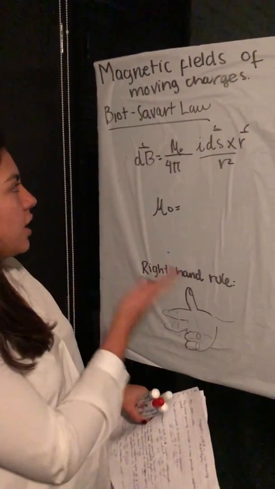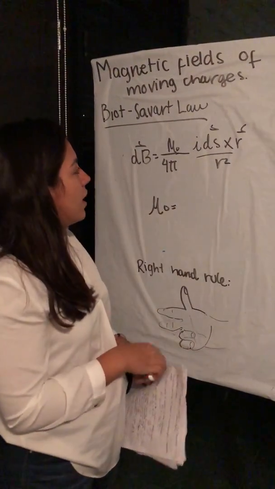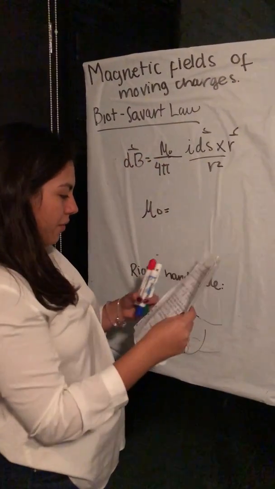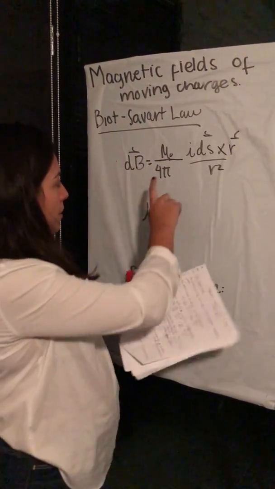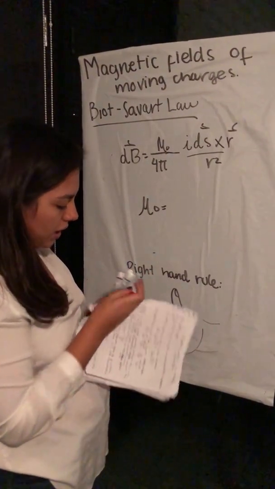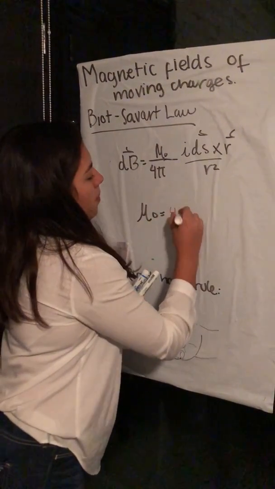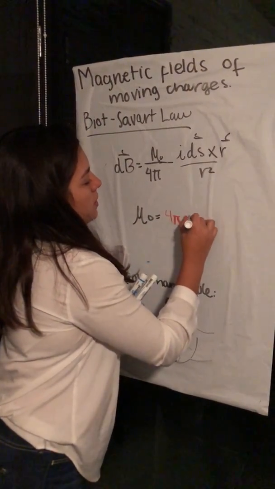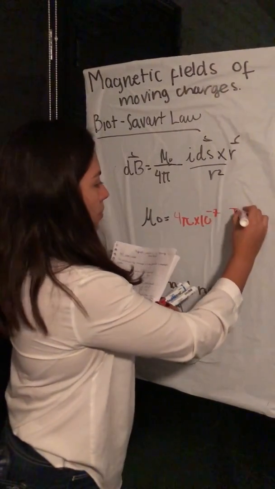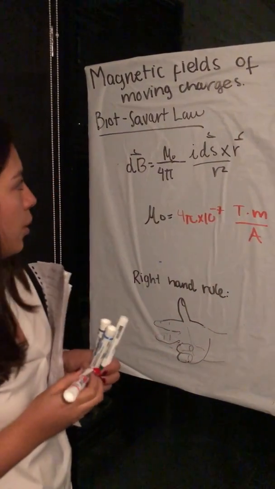And this magnetic field is given by the following equation, where μ0 is the magnetic permeability in free space, and the value of it is 4 pi times 10 to the minus 7 Teslas meter over ampere, that is the current unit.